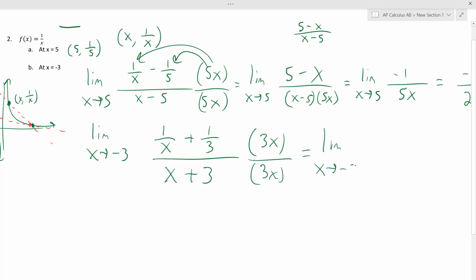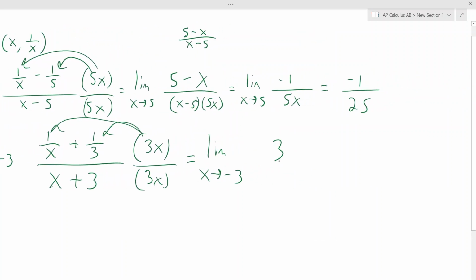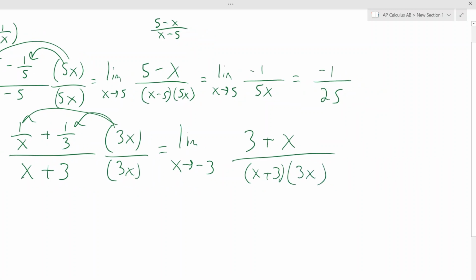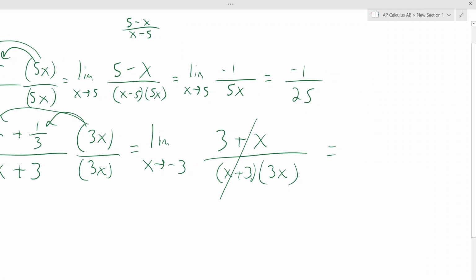And that's going to leave me with, if you distribute this, it's going to cancel, right? X cancels first, so you get 3 plus x over x plus 3 times 3x. And you can see those 3 plus x's are going to cancel out, right? Leaving a 1 on top. So it's 1 over 3x, and we're approaching negative 3. So at this point, once we cross out the problem, like the 3 plus x in this case, or the x plus 3, you can just plug in what you want to know, because that's going to tell you where it is approaching. So this becomes negative 1/9.